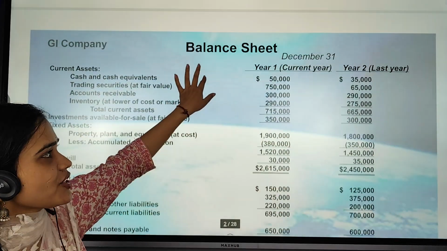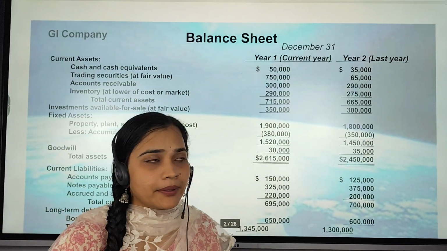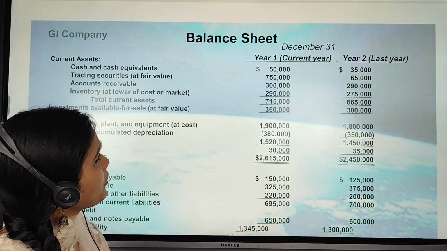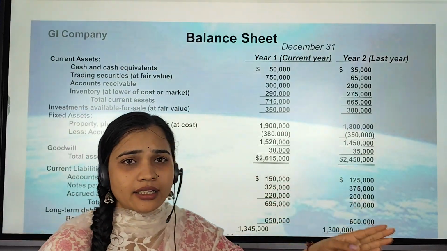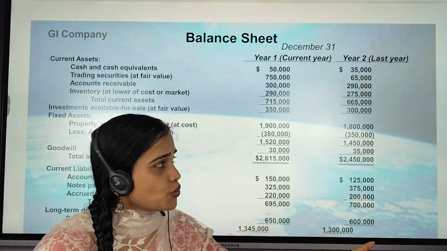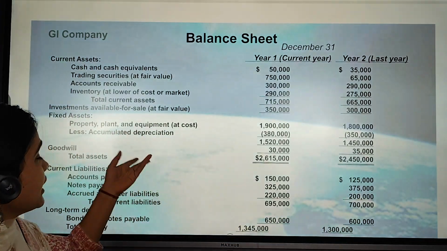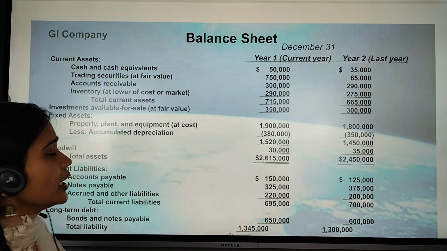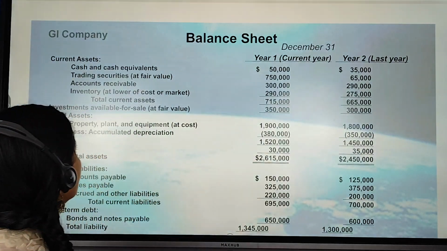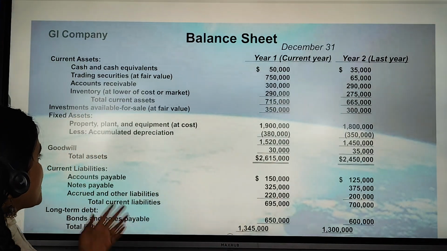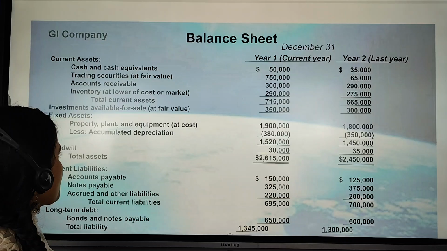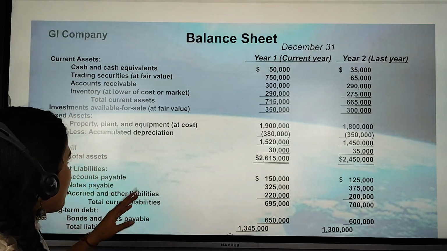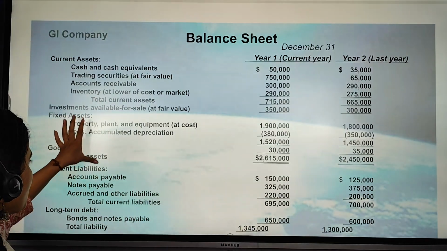Here is the balance sheet of a particular company. It gives the information of the current year and a comparison with the last 2 years. Current assets include cash and cash equivalents, trading securities, accounts receivable, inventory, and investments available for sale. Fixed assets include property, plant and equipment, less accumulated depreciation, and goodwill, giving total assets.